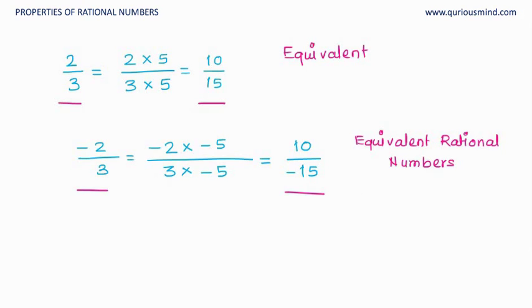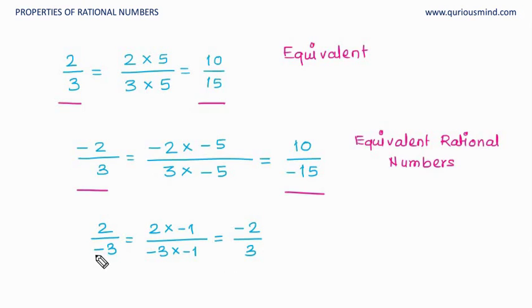So this now gives us a new dimension to look at rational numbers. For example, if I have a rational number 2 upon minus 3, and if I multiply it by, let's say, minus 1, both numerator and denominator, what I get is 2 into minus 1 is minus 2. Minus 3 into minus 1 is 3.